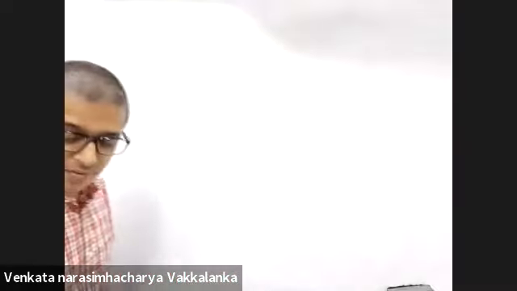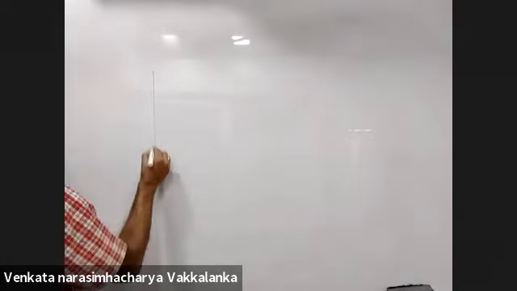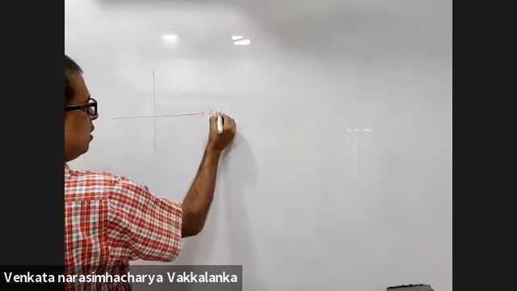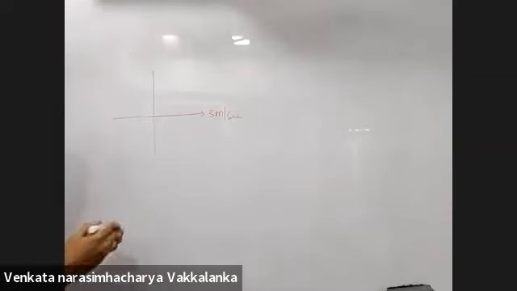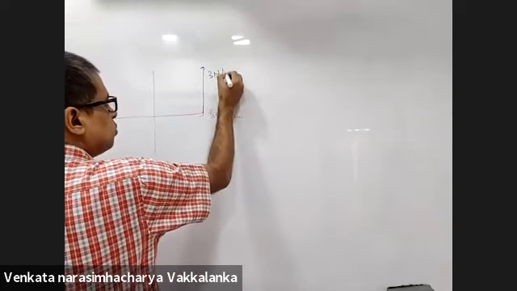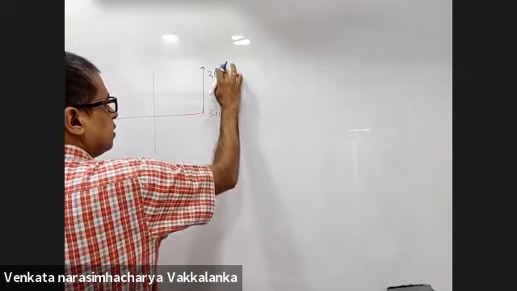All of you wait. Have a look at this. The question given is, a boy walks with a velocity of 3 meters per second due east. He then turns towards north and continues to move with the same speed.